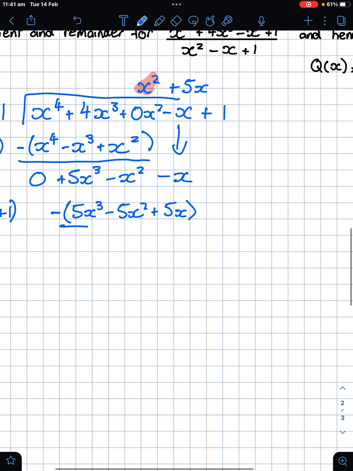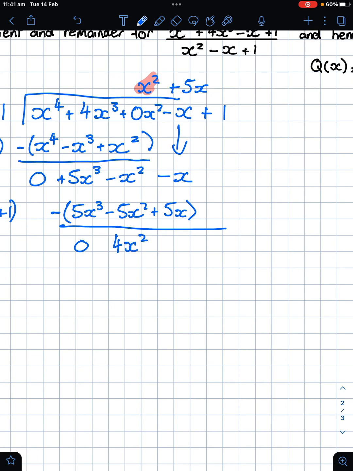All right, same move again. 5x cubed minus 5x cubed gives us 0. Negative x squared minus negative 5x squared is going to be plus 5x squared. So negative x squared plus 5x squared gives us 4x squared.